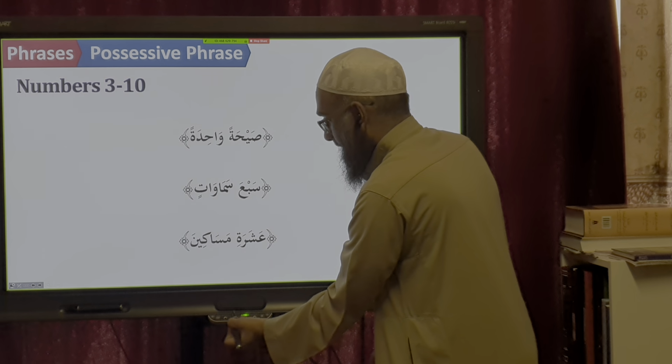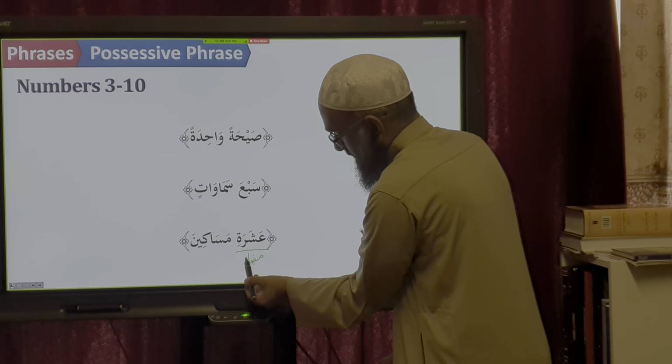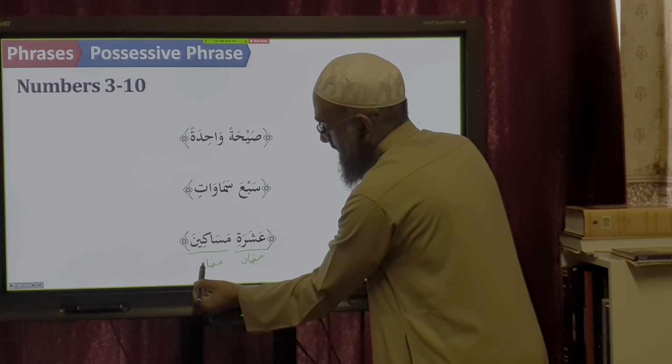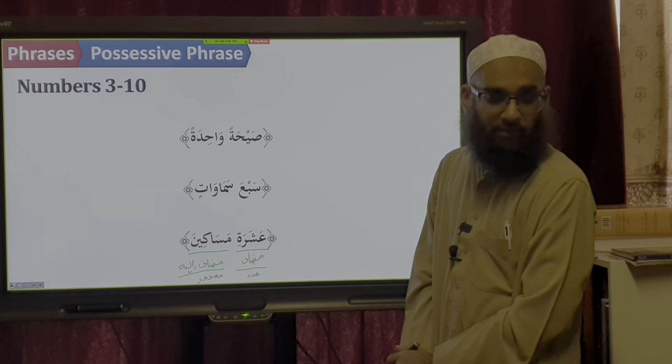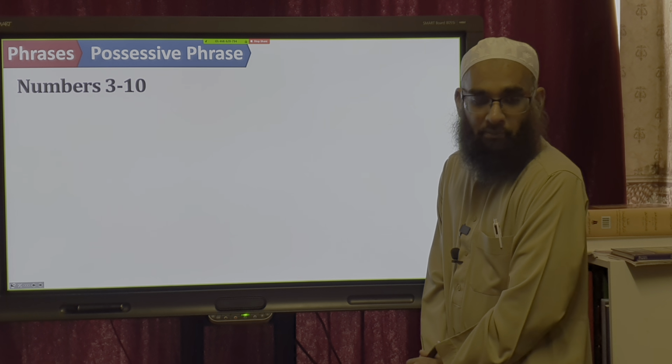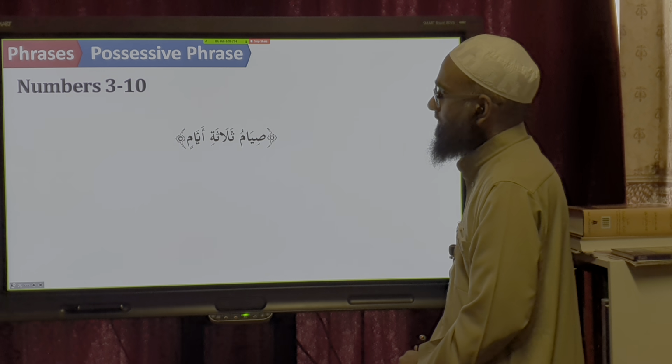Asharati masakina. Tarkib. Ashara is mudaf. Masakin becomes mudaf ilayhi. And ashara is also going to be adad, and masakin will become ma'dood. And asharati masakin translates as 10 poor people. Good.